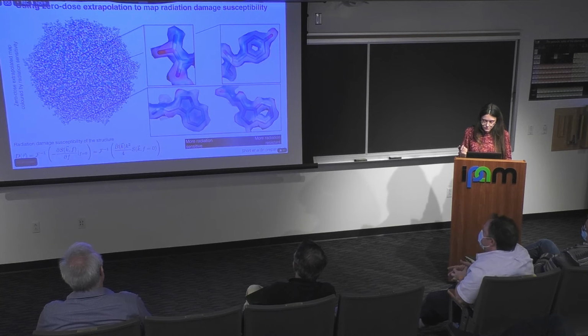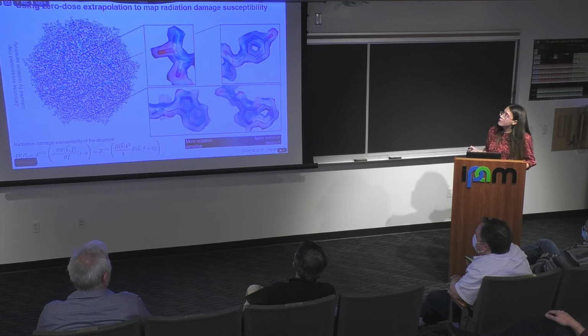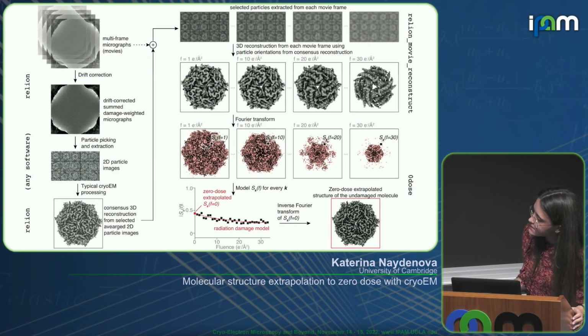In addition, it will give you one more thing for free, which is a map of how fast your molecule damages in every spot of the molecule. That is basically related to the rate of decay of this curve.